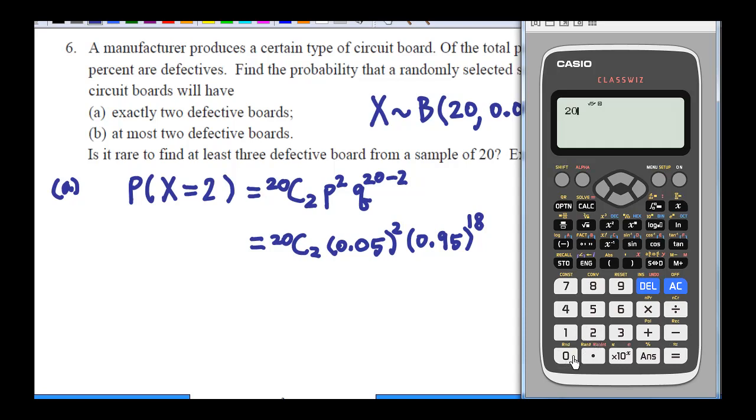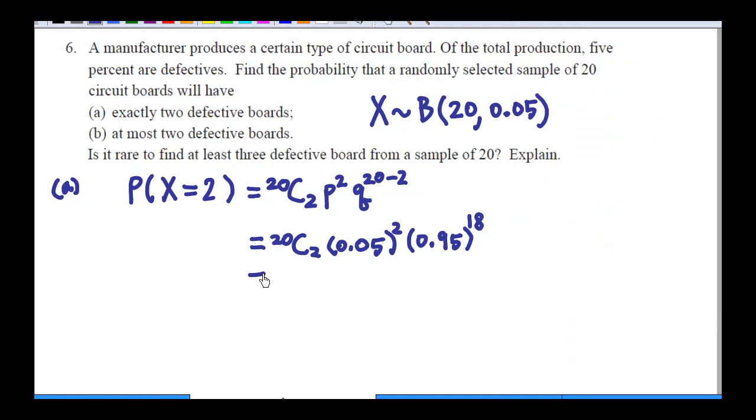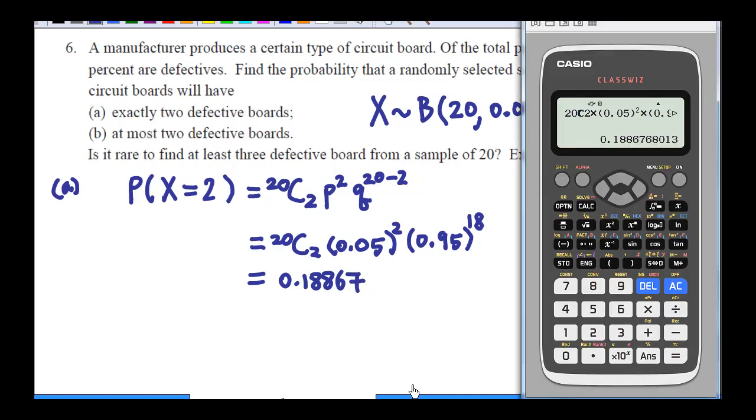We enter 20, shift, C2, times 0.05, bracket, 0.05, close bracket, power 2, then times 0.95, close bracket and power 18, which is equal to 0.18867. So this answer is equal to 0.1886768.